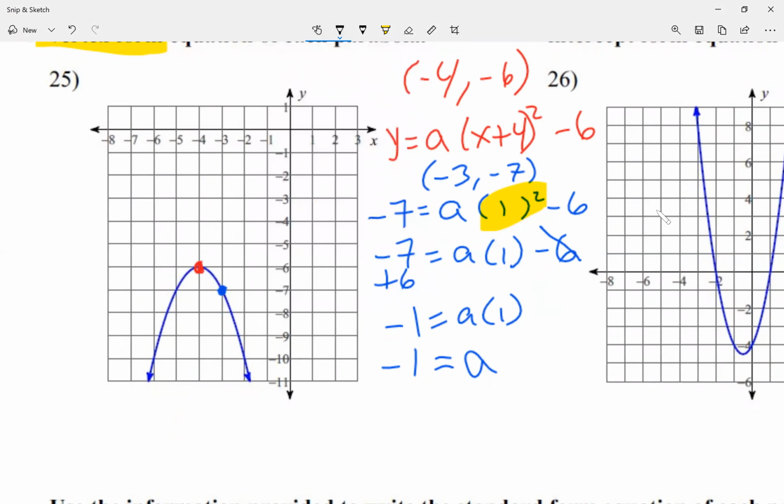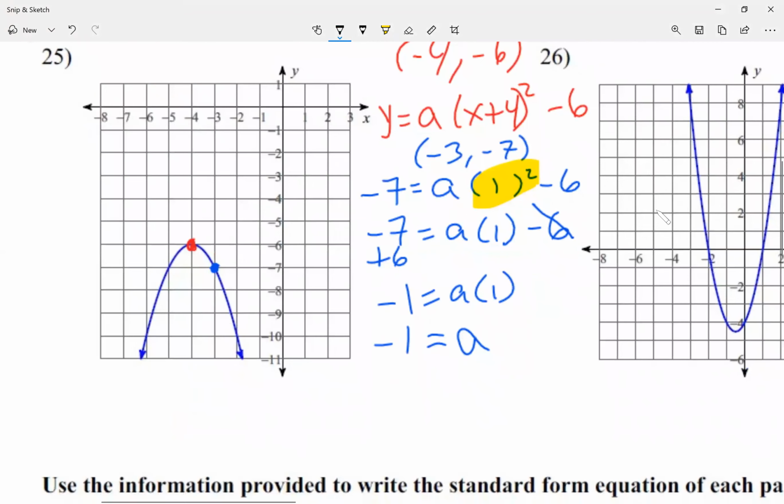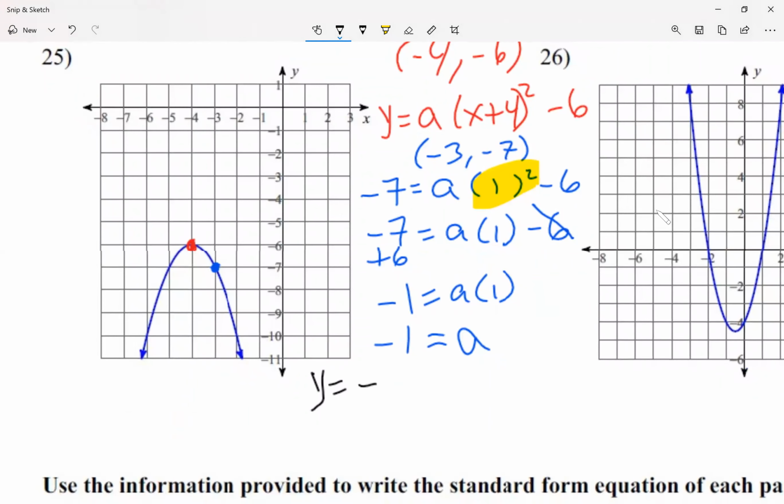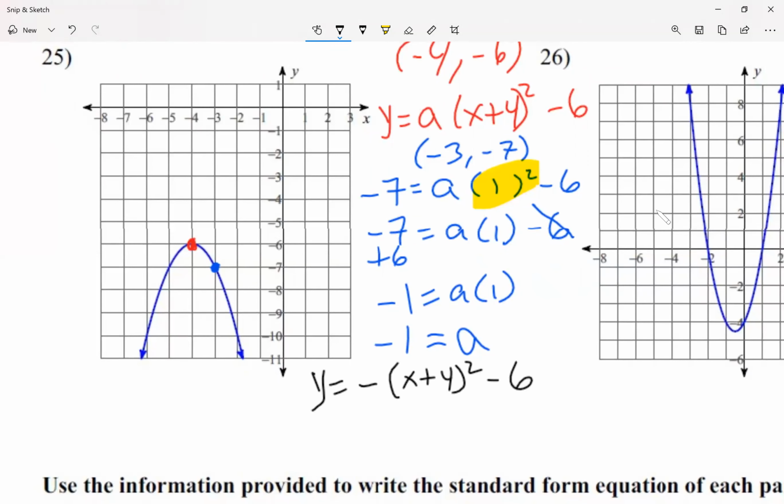Now, if this was on paper, I would write y equals, I don't write the 1 for my aperture, but I do write the negative. (x plus 4) squared -6. So if I was writing it on paper, pencil, this is how I would write it.